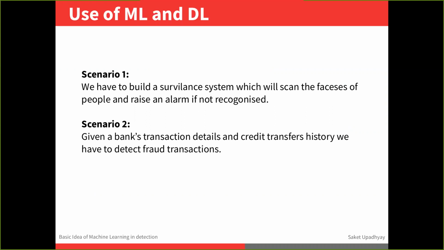And next, we have a bank's transaction details and credit transfer history, and we have to detect the fraudulent transactions. So what do you think we will use in scenario one and scenario two? Machine learning or deep learning?